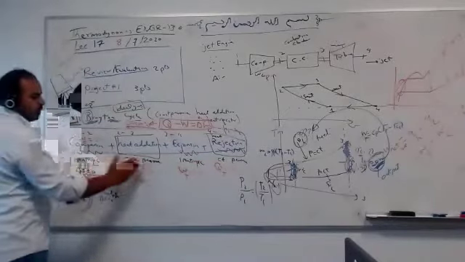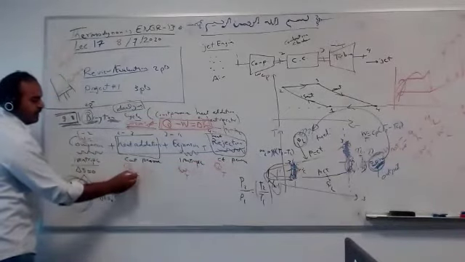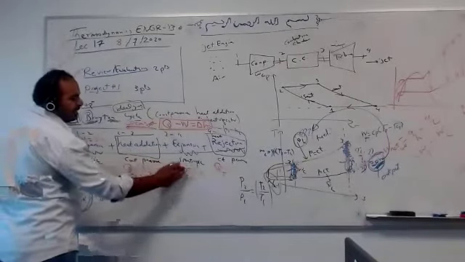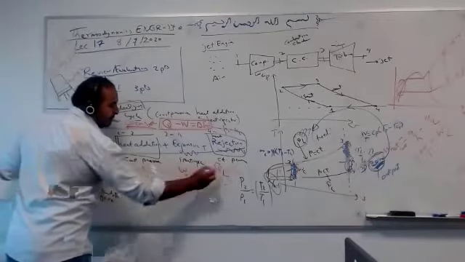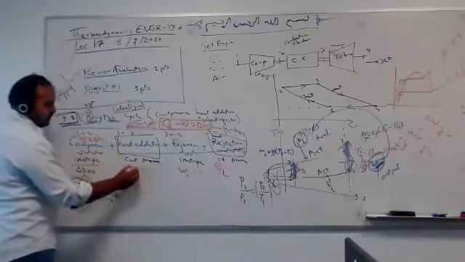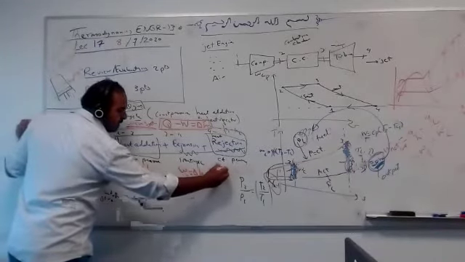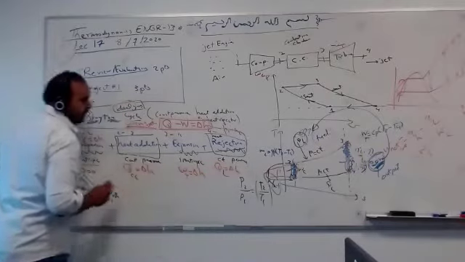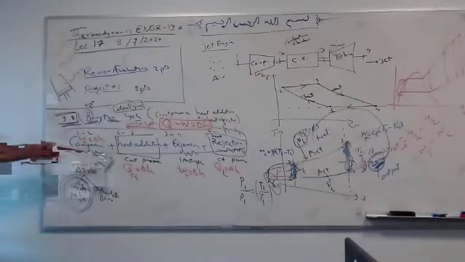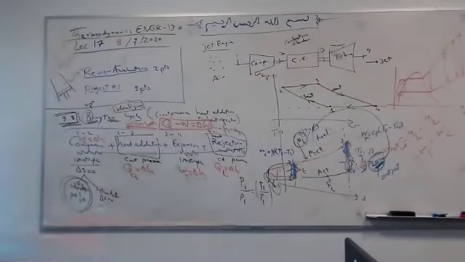So W compressor, Q high in the combustion chamber, W turbine, Q low. W compressor is delta H, Q high is delta H, W turbine is delta H, Q low is delta H. For all of them, delta H: 1 to 2, 2 to 3, 3 to 4, 4 to 1.